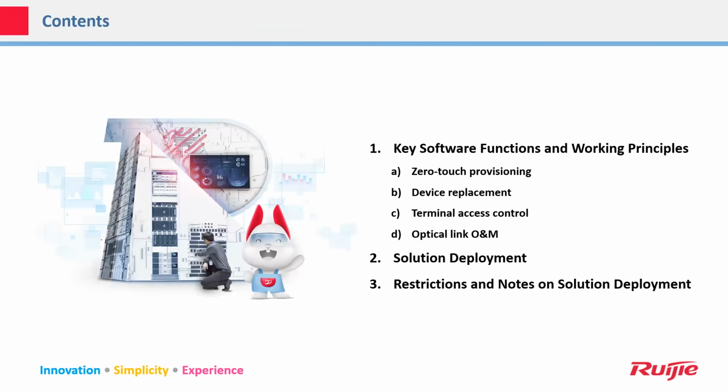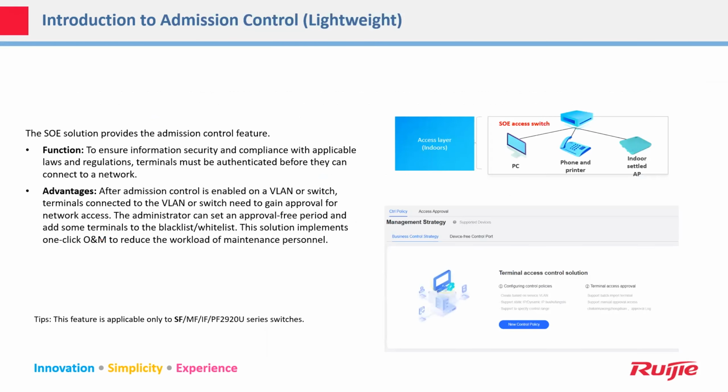Okay, next is about admission control. Admission control means to control the access of terminals, for example, the PCs, indoor APs, phones, printers, and so on. The SOE solution provides the admission control feature to ensure information security and compliance with applicable laws and regulations.